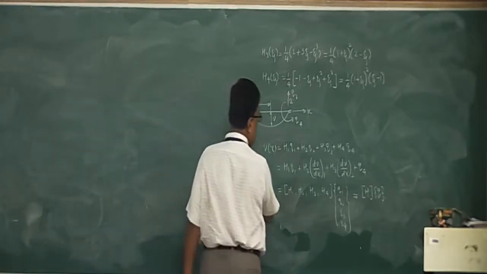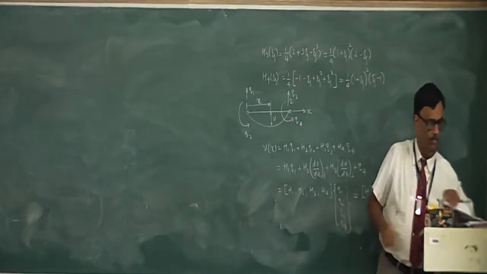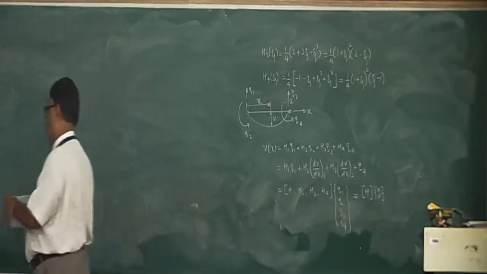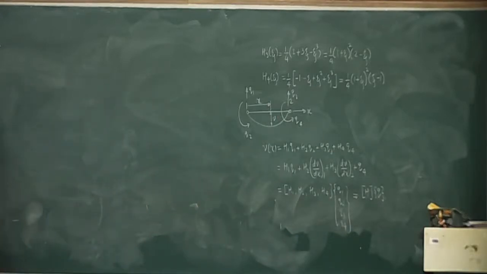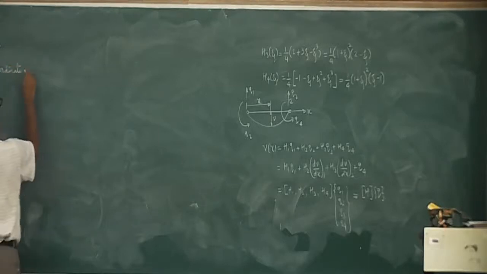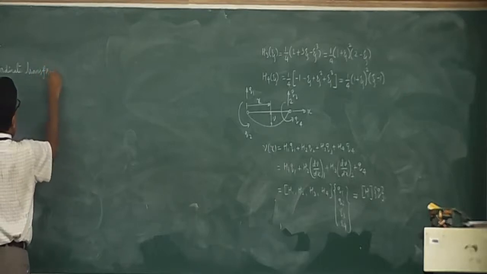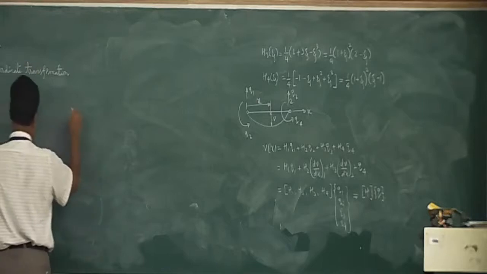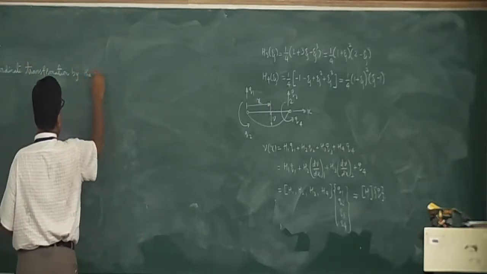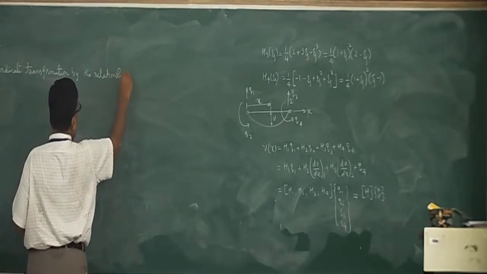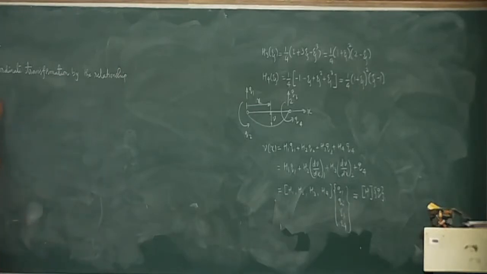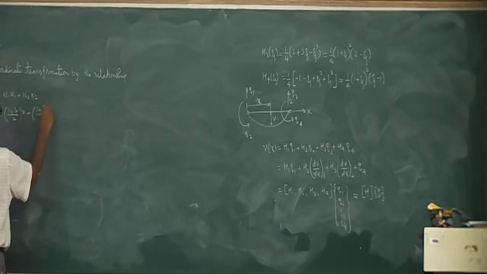Okay, now let us quickly go through this. Let us go for the coordinate transformation by the relationship x is given by N1 x1 plus N2 x2, where for one dimensional you already know that it is (1 minus zeta) by 2 x1 plus (1 plus zeta) by 2 x2.